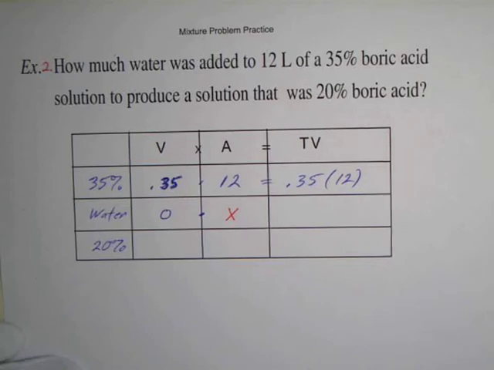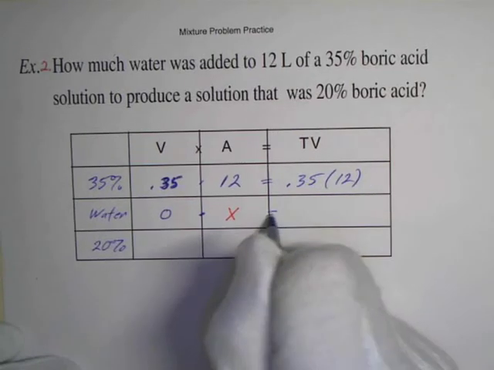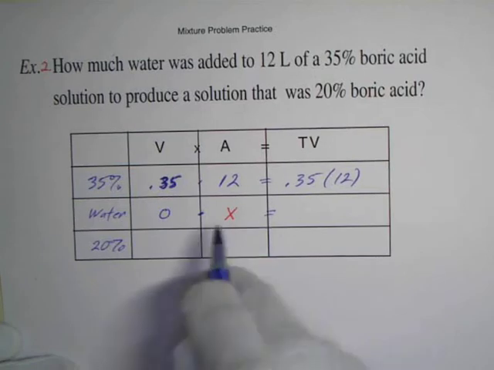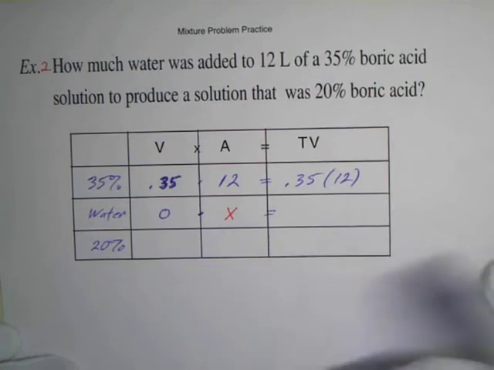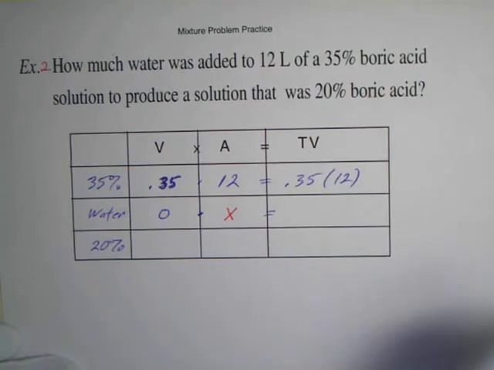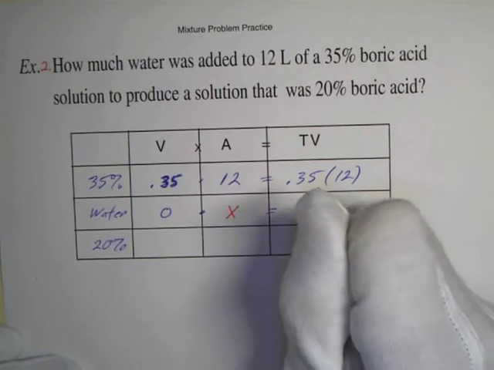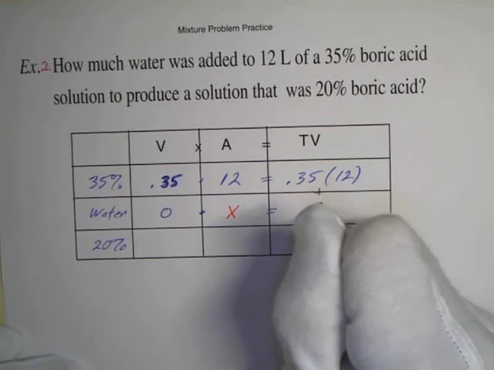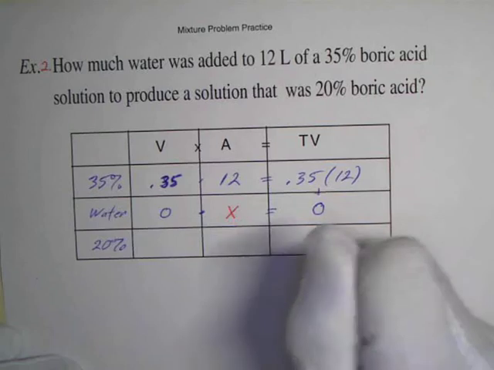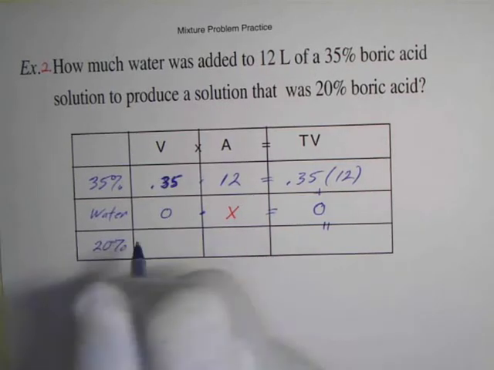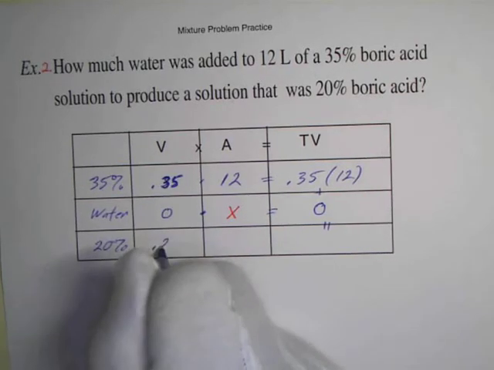But the interesting thing about this is when I multiply this across, 0% of X liters, or 0 times X is 0, so I'm really adding no boric acid, and that's what we're dealing with in this column, the amount of boric acid. And this is the 20%, so it's going to be 0.20. That's going to be its value.